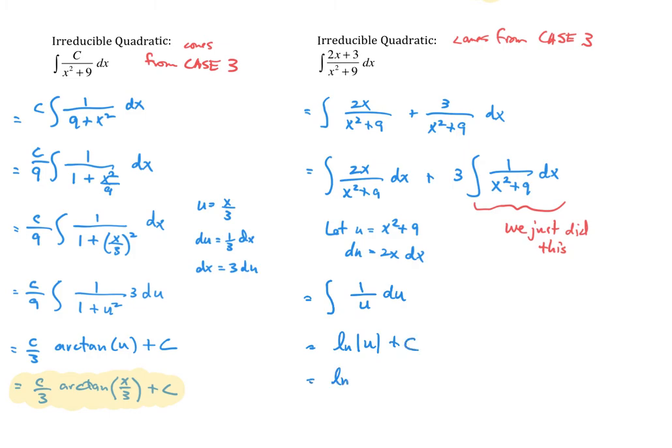And let's make that natural log of, we got to sub back, x squared plus 9 plus c. All right. So I'm highlighting this part, even though this is just the solution to the first integral we had over here. And this second one we know how to do.